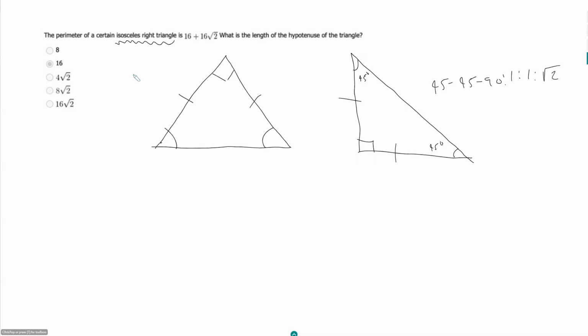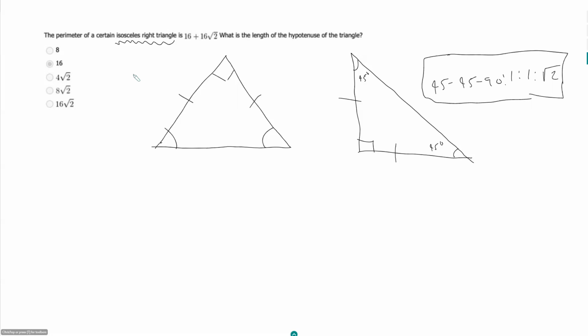And this is definitely worth just memorizing this proportion here, recognizing when you have a 45, 45, 90 right triangle, because that gives you a lot of information. So in this case, we can reread our question as the perimeter of a certain 45, 45, 90 right triangle is 16 plus 16 rad 2.